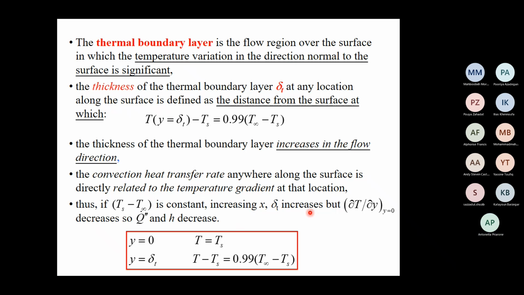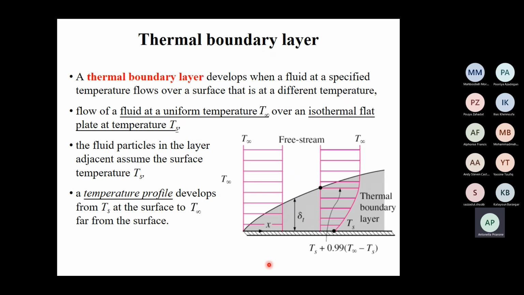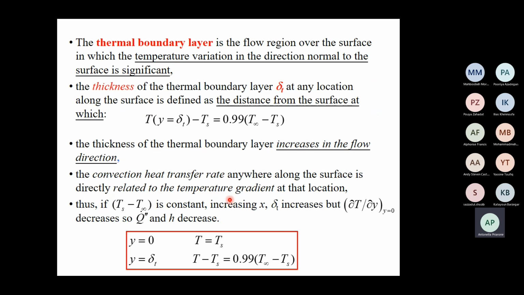And this is absolutely clear for all of you. Increasing x, delta T, the thickness of a thermal boundary layer, increases. But if I increase delta, I decrease the gradient of the temperature in the y direction for y equal to 0. The same as for the previous case.